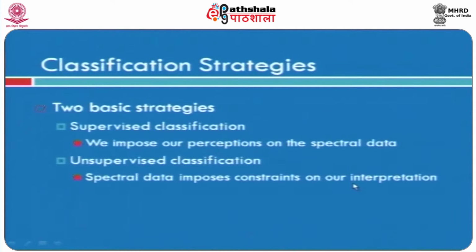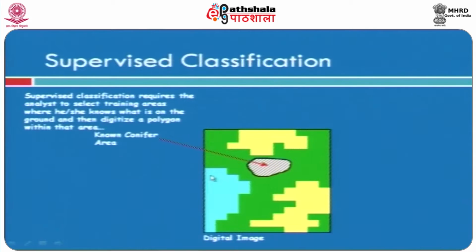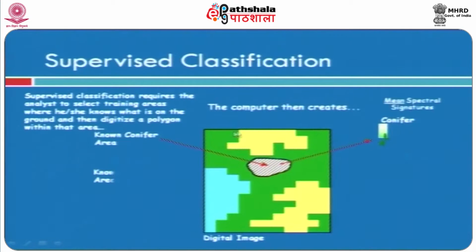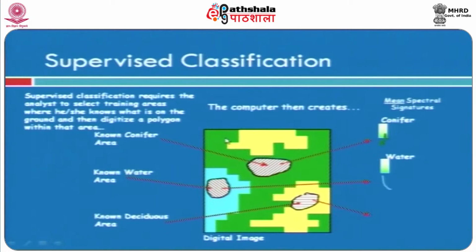In the first case, how we are going to do that, we will see. Let me show you a slide where a small area has been considered. This area contains 3 different types of objects. Do not worry about what exactly that is, but if you want to know, yellow color indicates deciduous forest, blue color indicates water body, and green color indicates conifer forest.